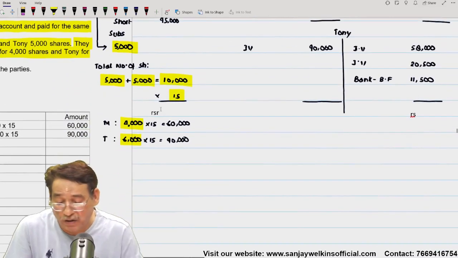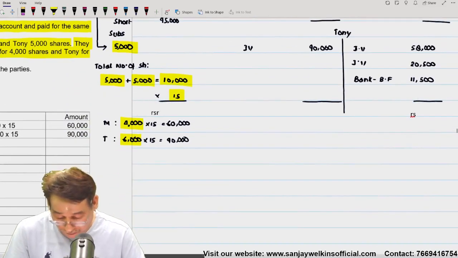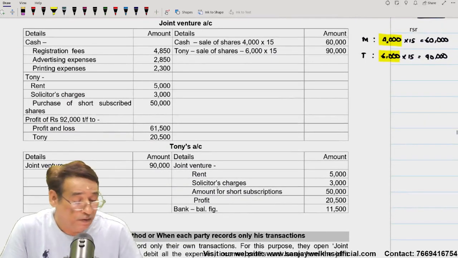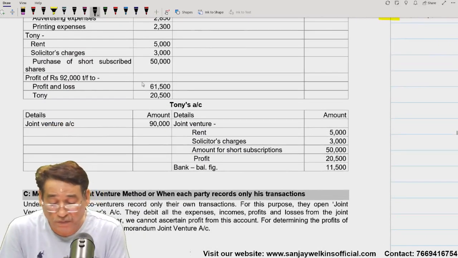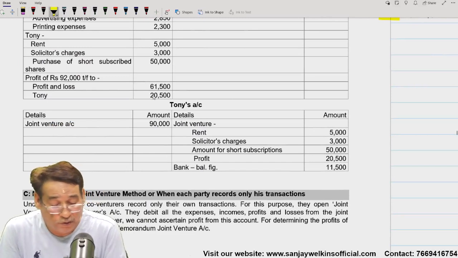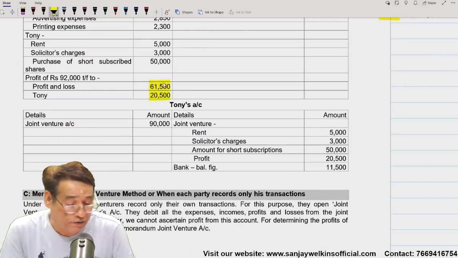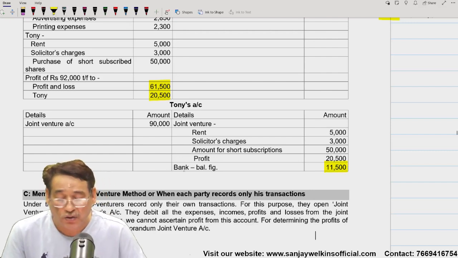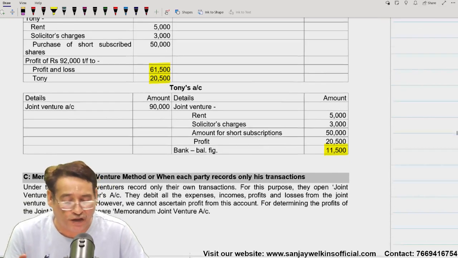I have already solved this question. You can see here, correct? So this is the share of profit, 20,500 and 61,500, and finally we are going to receive 11,500. So this is your second method, when record is maintained by each party, but they maintain full-fledged record.